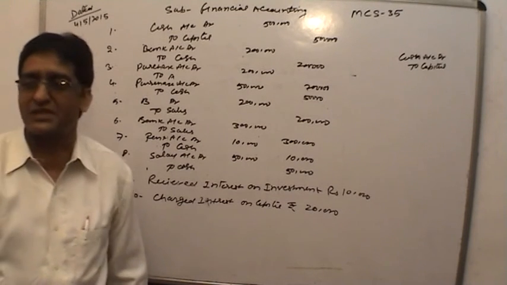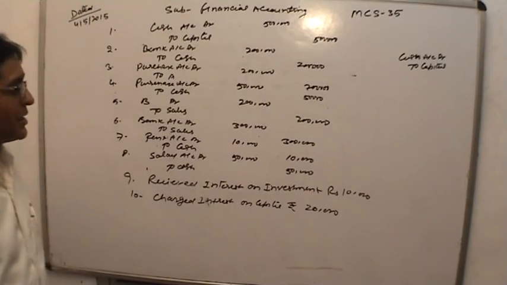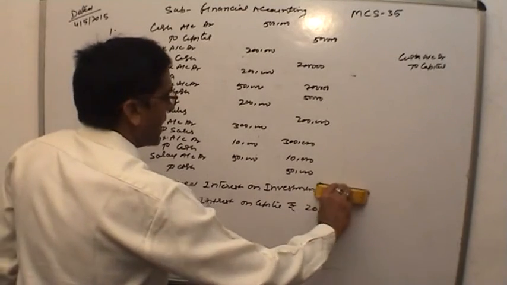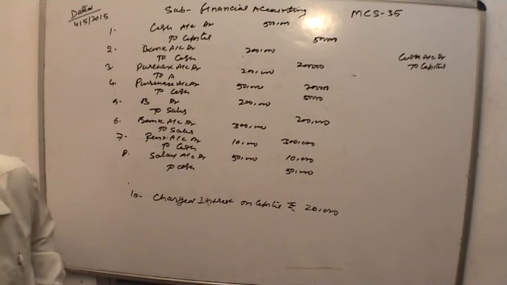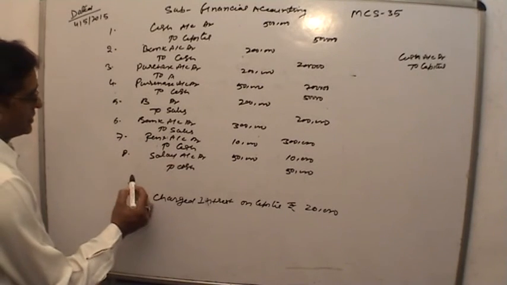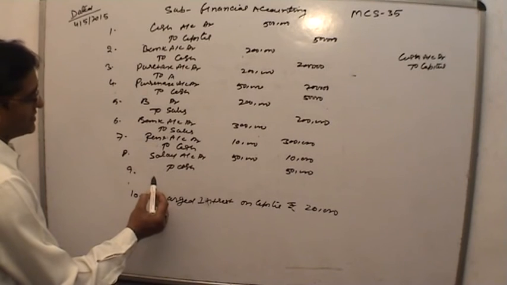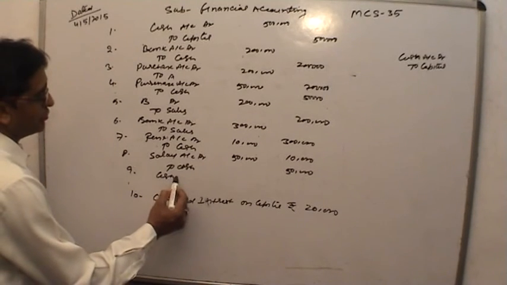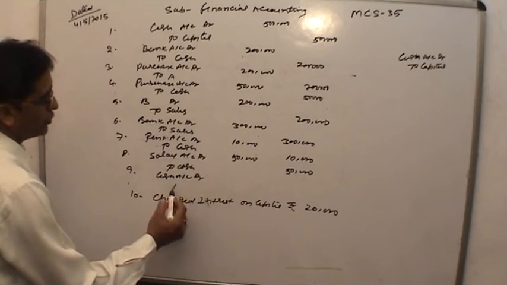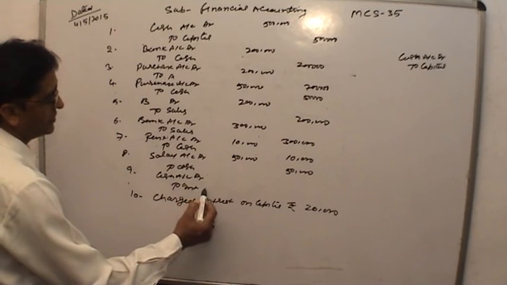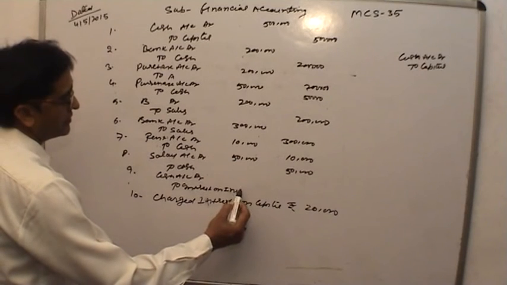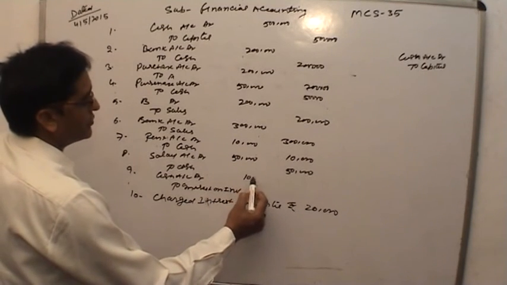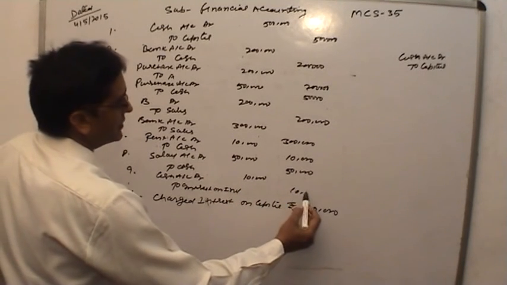In this case you have received cash, therefore cash is debited, and interest on investment will be credited by rupees 10,000. So in the transaction number 9, cash account debit to interest on investment account by rupees 10,000 and 10,000.